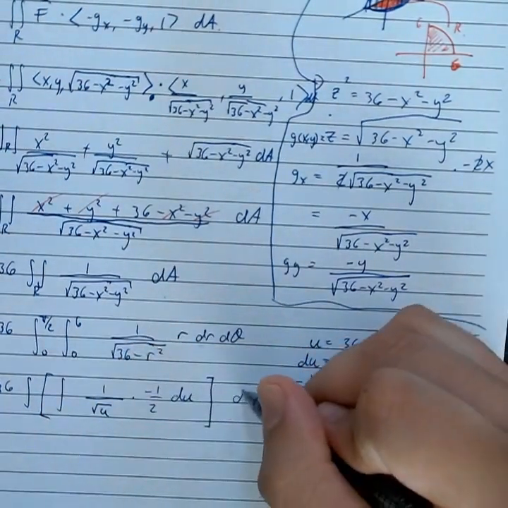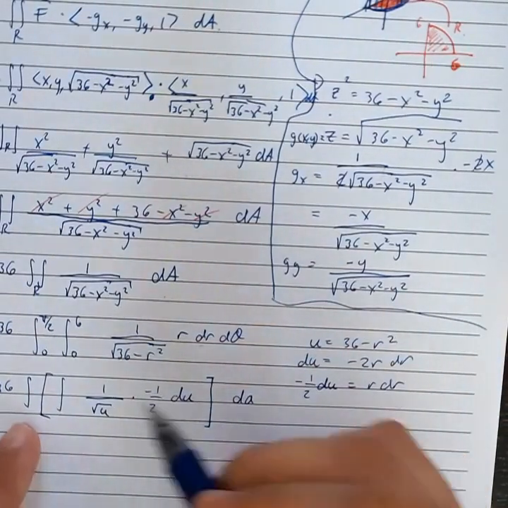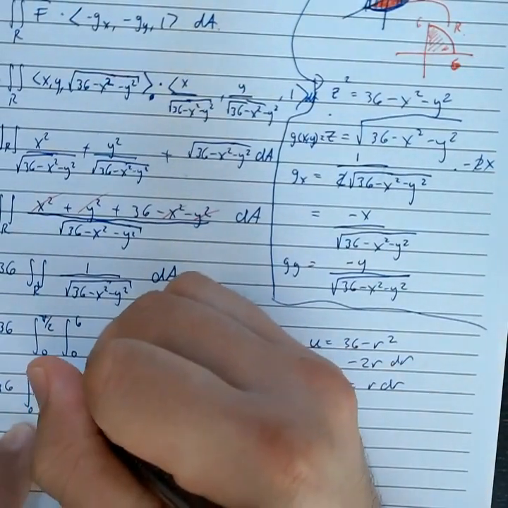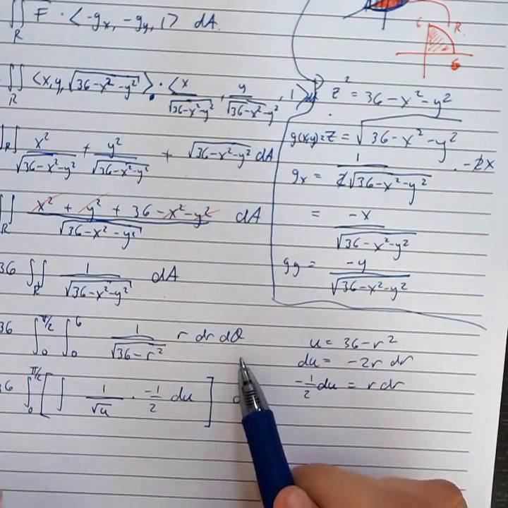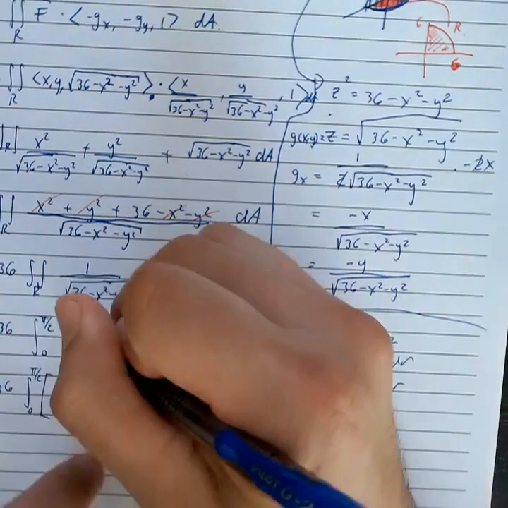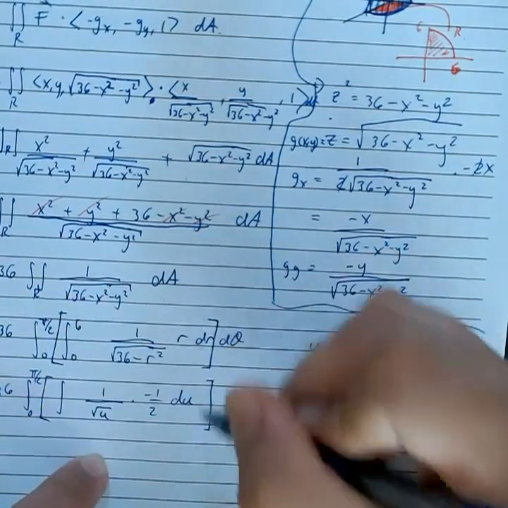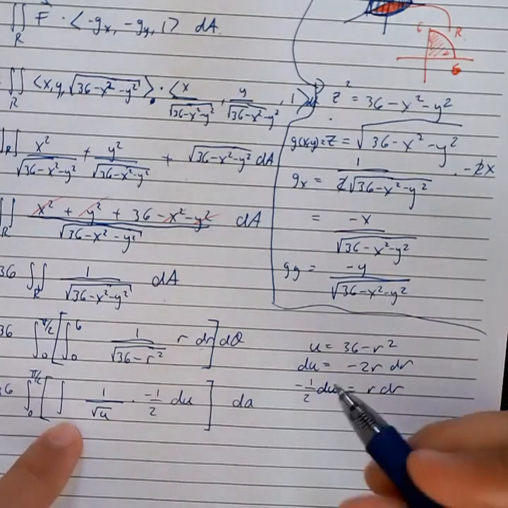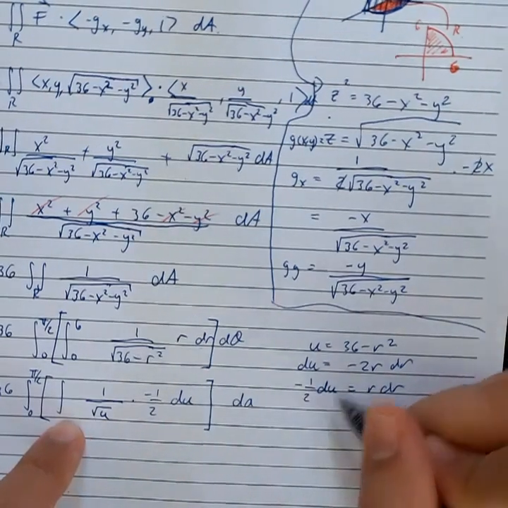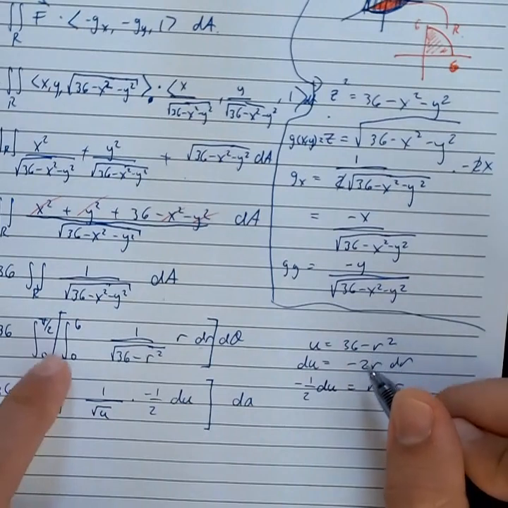Here, that doesn't affect the outer bounds, right? This only affects the one in here. So I'm still integrating from 0 to pi over 2 for theta, but what I've done is I've changed this integral using a u substitution. Well, if I've changed the integral, I should also change its bounds, right? Here, u is equal to 36 minus r squared.